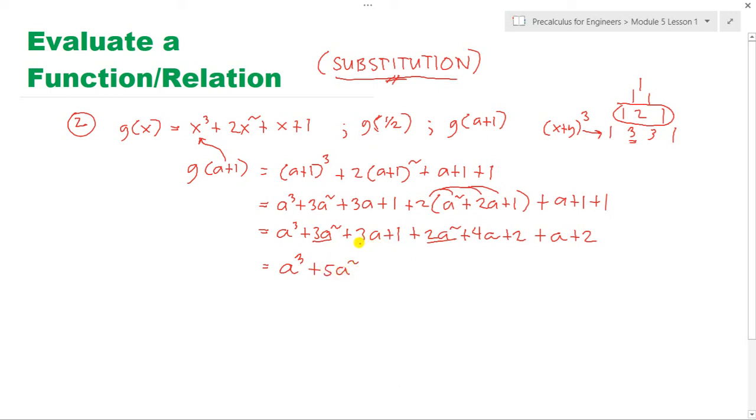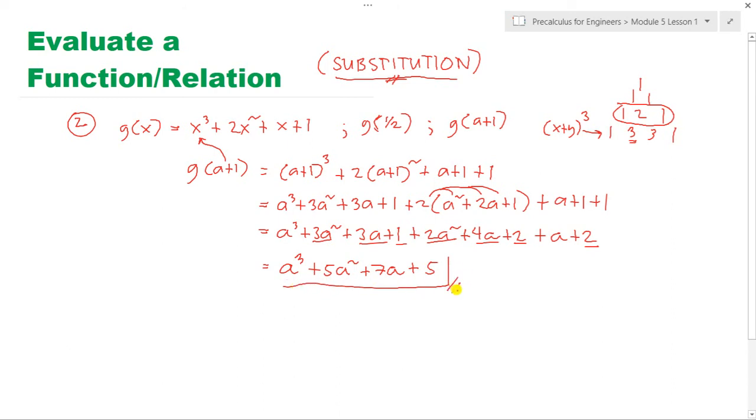And the next, we have 3a and 4a, so we have plus 7a. And then finally, for our constant, we have 1 plus 2 is 3, plus 2 is 5. So therefore, this is our answer for g of a plus 1.